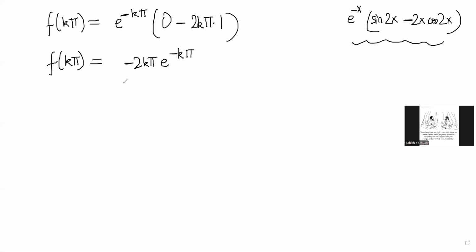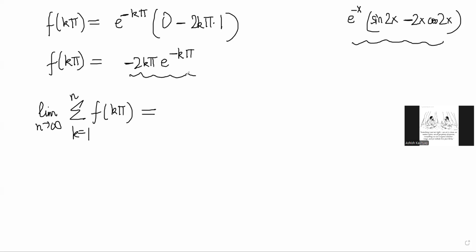And now what we have to do is the summation and the limit. So the limit as n tends to infinity of the summation of k from 1 to n of f(kπ), where f(kπ) is this expression. We can put a -2π outside throughout.